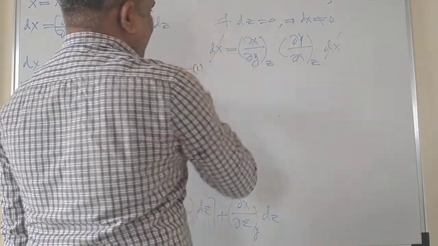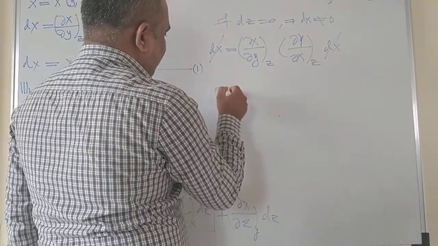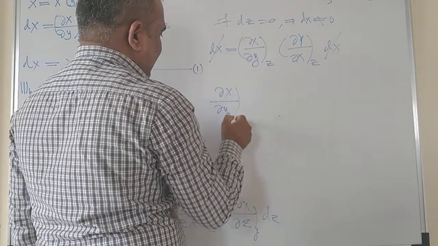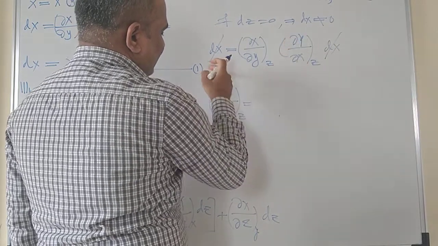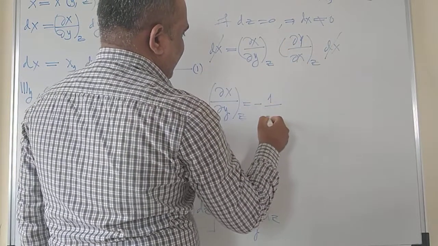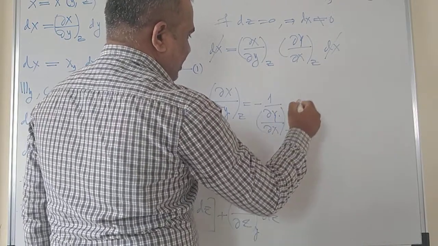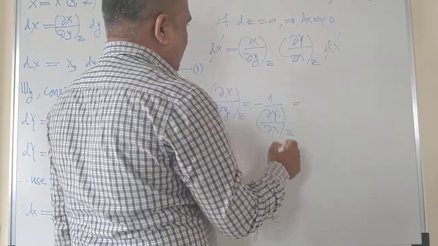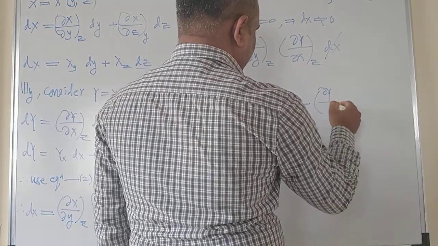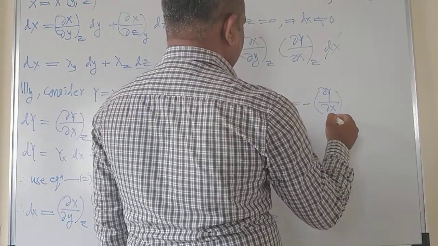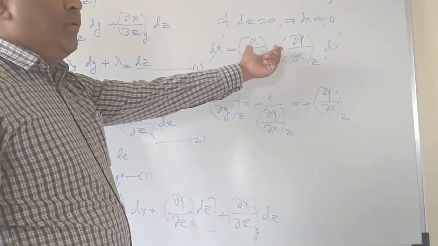Now this dx is on both sides and gets cancelled, and you can write this equation as dou x by dou y when z is constant, and this is equal to, if you shift this other bracket to the other side, you will get 1 upon dou y by dou x when z is constant. Sorry, there is no minus sign, there will be a positive sign only, because there is no positive or negative term.